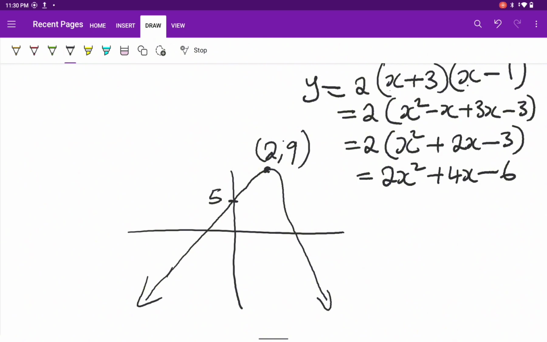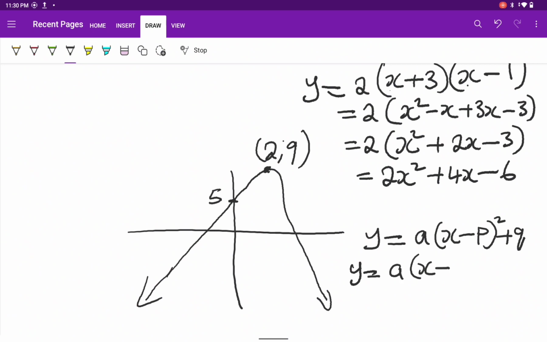Because we have the turning point and 1 point, we will use the equation y equals A into x minus p all squared plus q. I prefer that we substitute the turning point first.